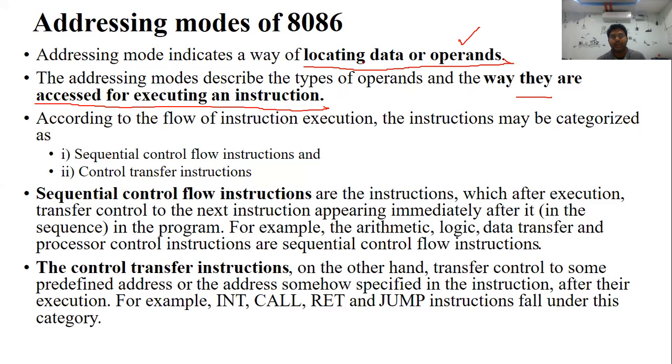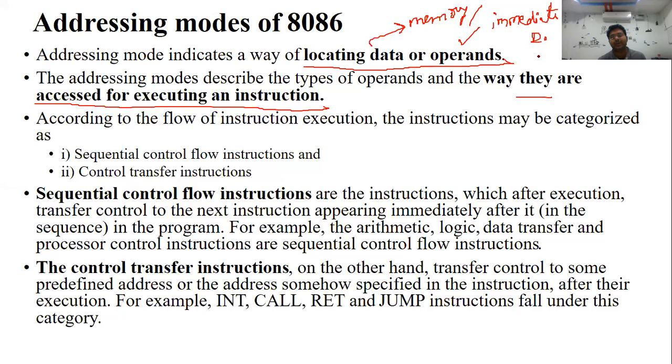So the way of locating data in the memory, or immediate data, and operands.